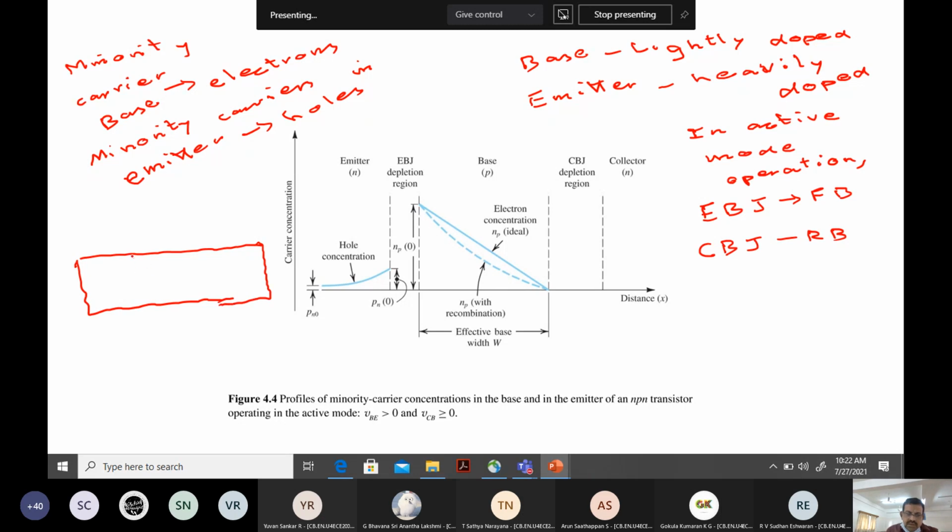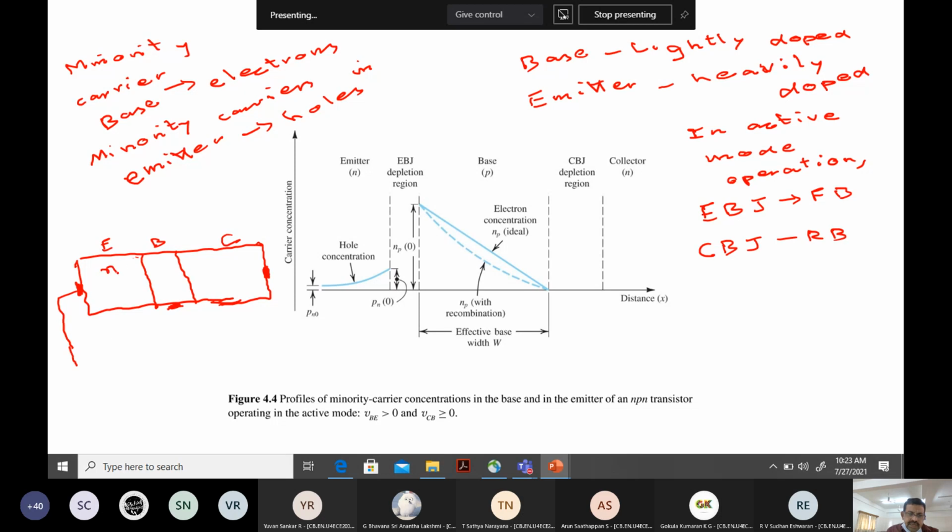This is a two-junction device. This is my collector, this is my base, this is my emitter. Now we take ohmic contacts at these three terminals, make electrical contact, and apply the bias.